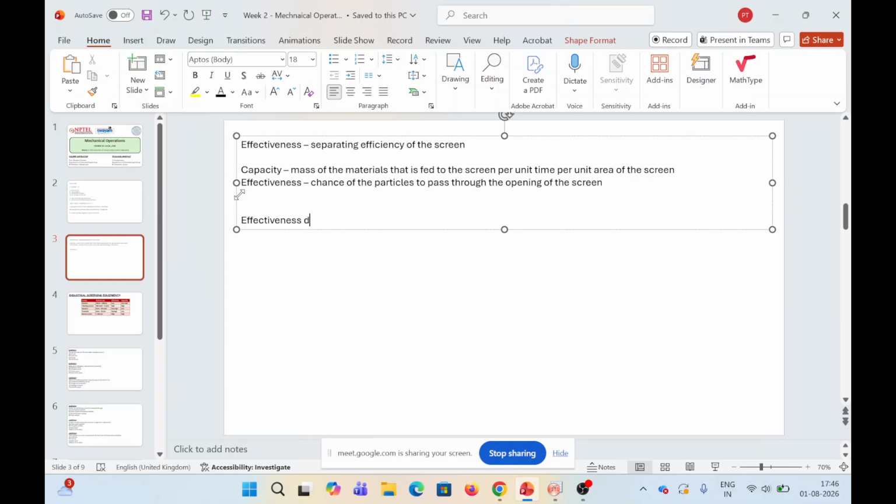By recovery I mean how well the screen separates the particles into their desired size.